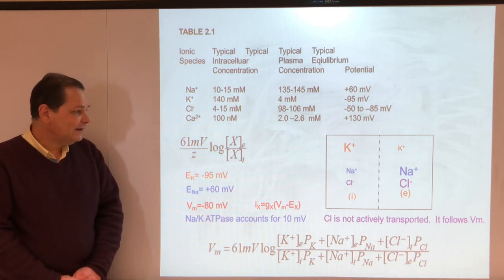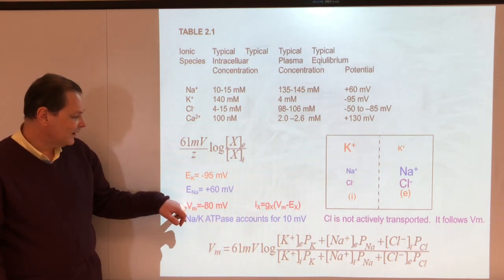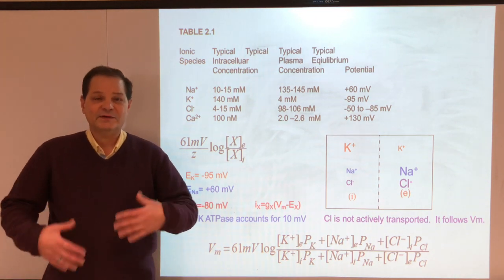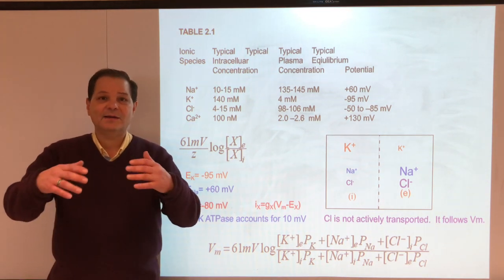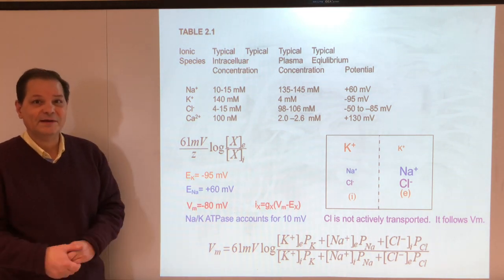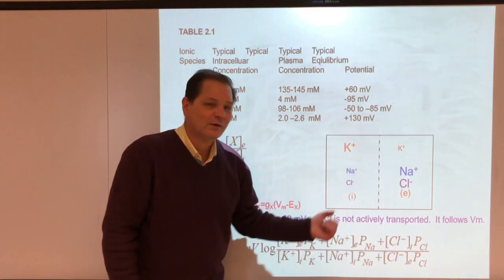So you may say, so what? Well, let's say my resting potential is minus 80. The minute I move off of minus 80, let's say in an excitatory synapse, and I'm allowing sodium to come in, and I depolarize the membrane, and I get an EPSP, the voltage will go up, and chloride will start to flow.